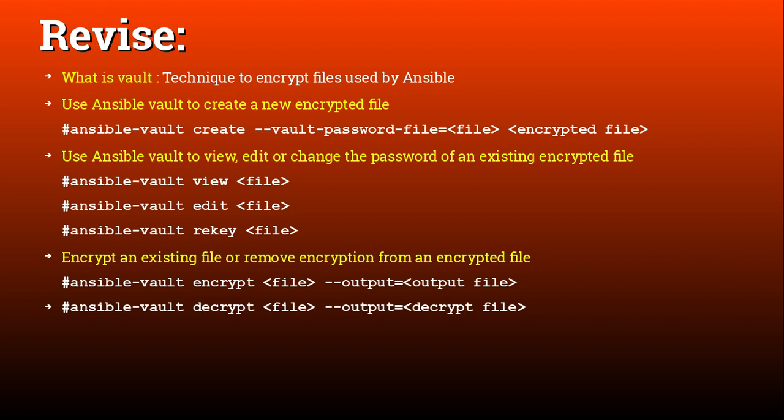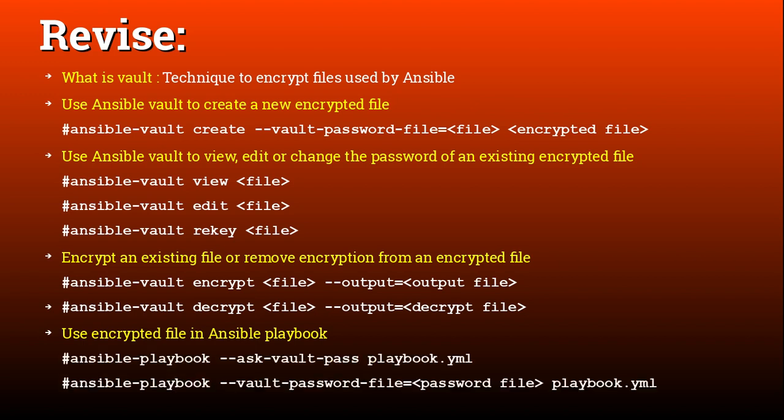Or if you want to decrypt, you use Ansible Vault decrypt and then output file if you want to get it in separate output file. Then we saw how you can encrypt a file and use that in Ansible playbook. So only thing, when you run the playbook, you give either option ask vault pass, so that it will ask you for the vault password to decrypt it, or you use a password file by using vault password file options.